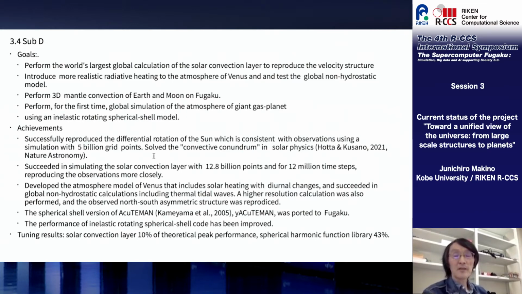And through this, we can declare that we have solved something called the convective conundrum, which has been a long-standing problem in solar physics. And we also have further increased the resolution and succeeded in reproducing things better.